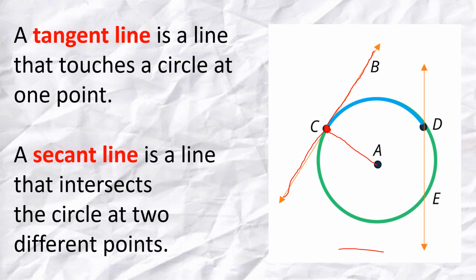Point C here is called the point of tangency. This is the point where a tangent touches the circle. In the same figure, line DE is a secant line. So this is your secant line.